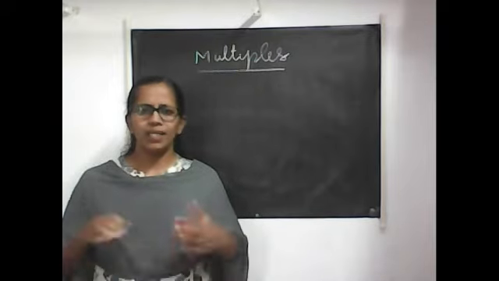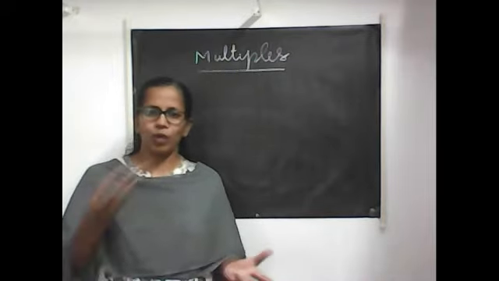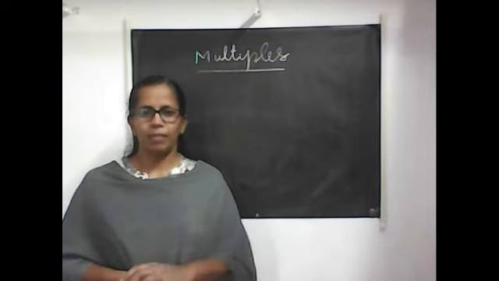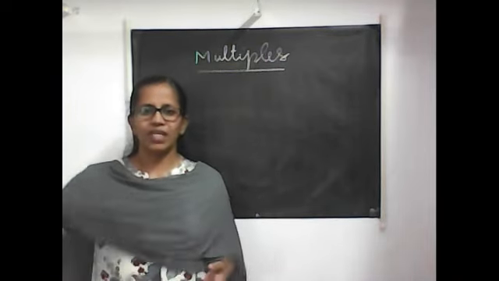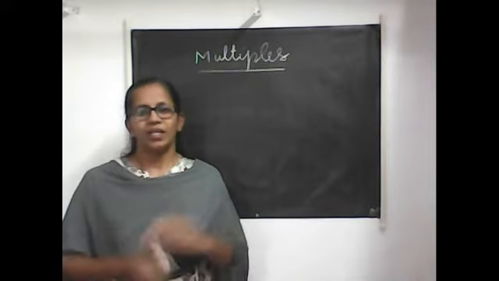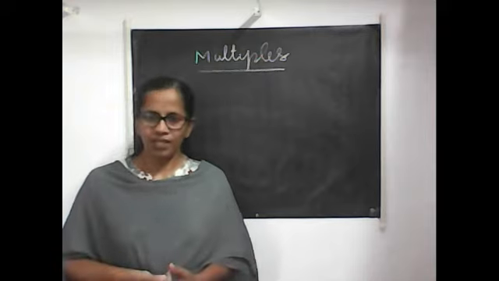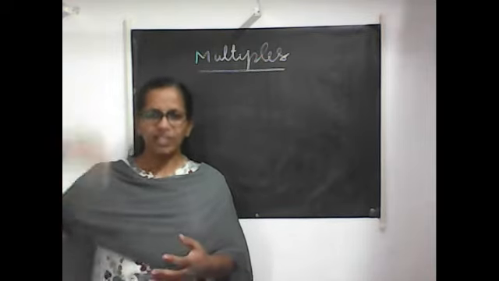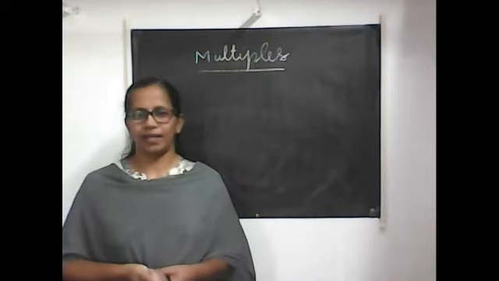Relate the term to our mathematical operation, that is multiply. Multiply means what? Yes, there is an increase in the number. Repeated addition, right? Then finding the multiples is very simple. You write the increased value of that number by multiplying.